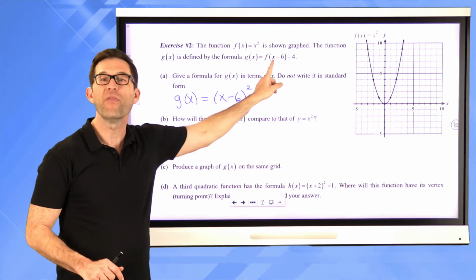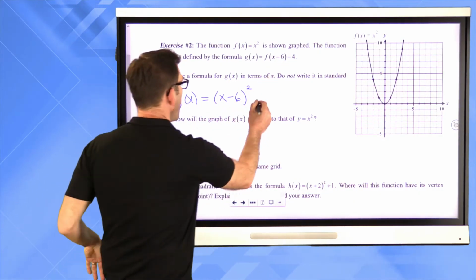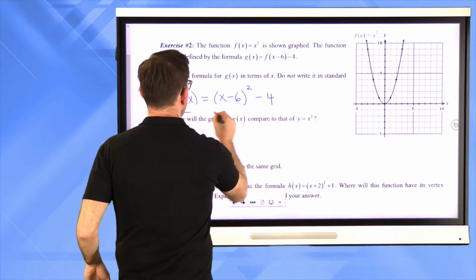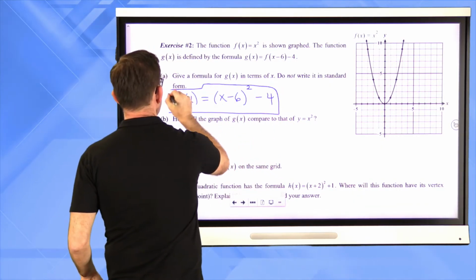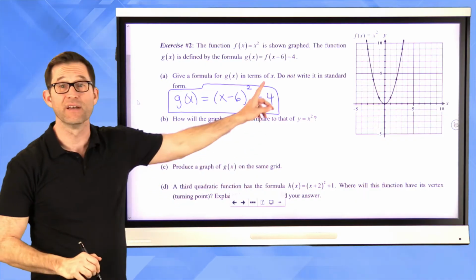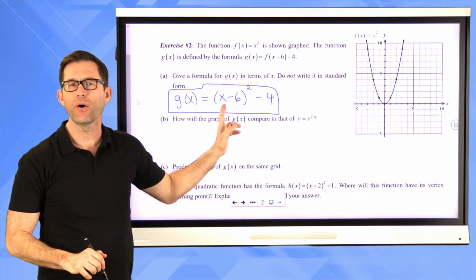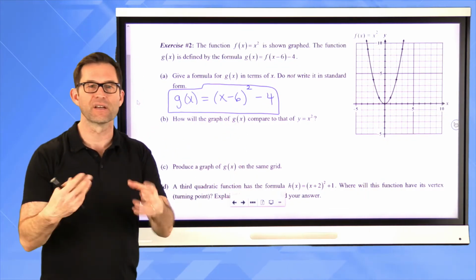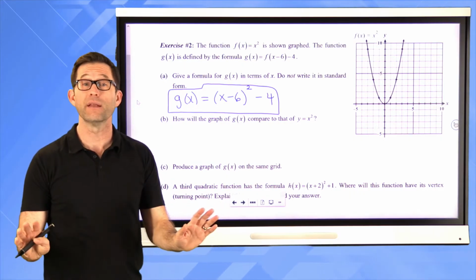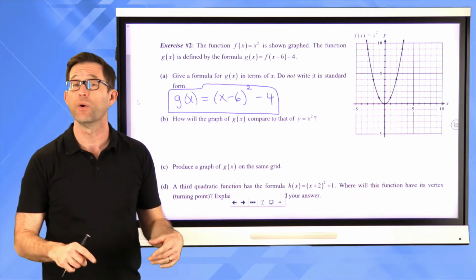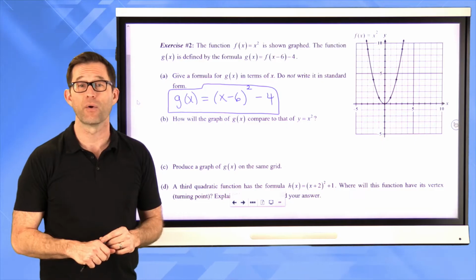But then I need to subtract a 4 overall. Now, what I wouldn't want to do right now, because it says do not write in standard form, is square out that x minus 6 and collect like terms. If it said write it in standard polynomial form, I would want to, but it doesn't ask me to do that, so I'm not going to.